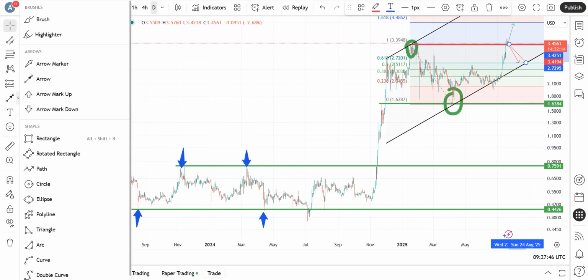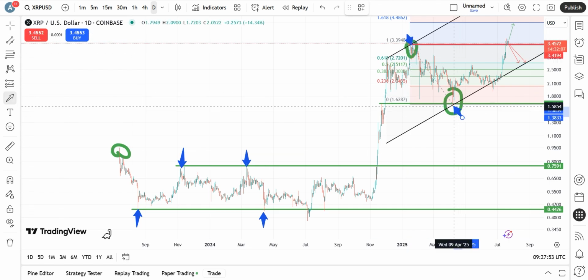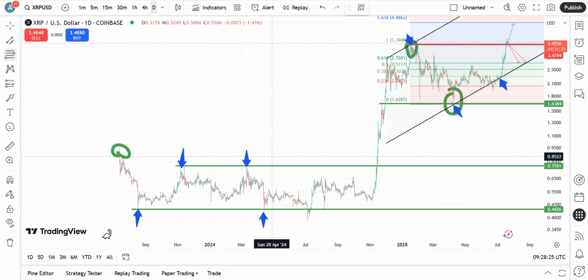Let's indicate it again. We have another reaction right there, another one right there, another reaction, maybe right, oh, not this way, another reaction right here. We do not know if it reacts to this static resistance or not, but let's put a Fibonacci again right here.